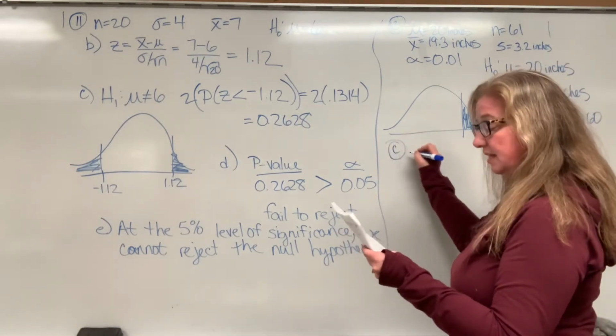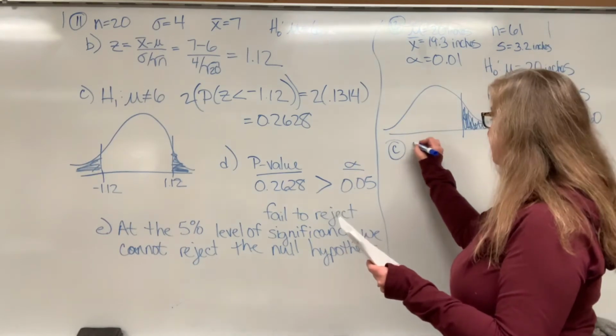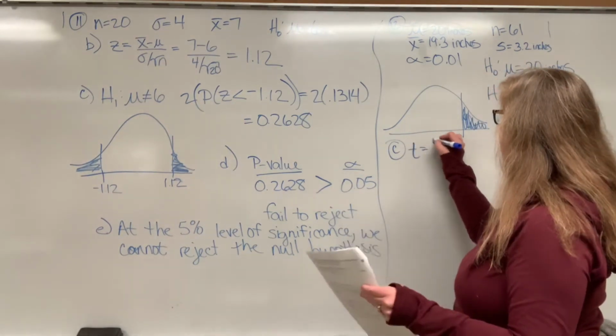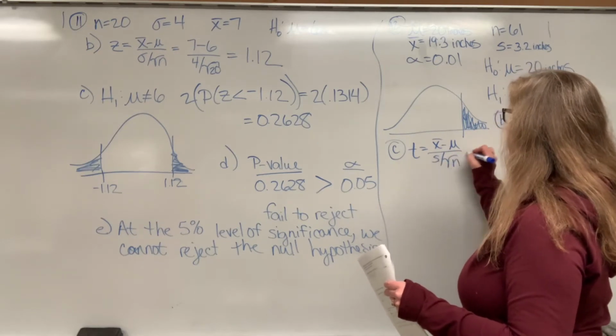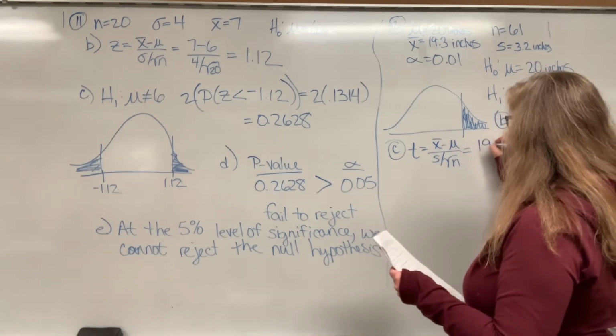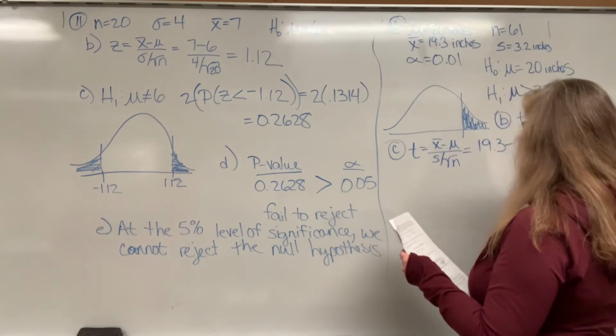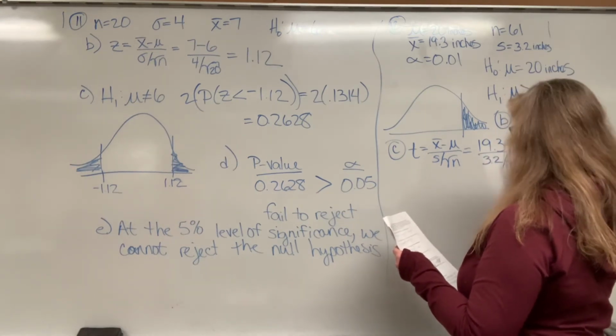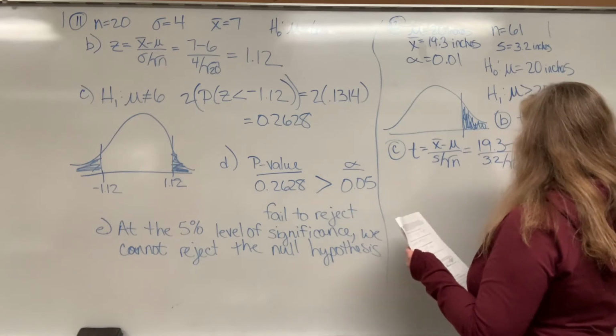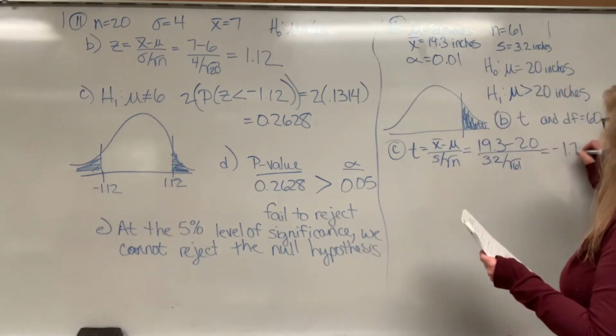Part C is calculate the test statistic, so t equals x bar minus mu over s divided by the square root of n. So 19.3 minus 20 over 3.2 divided by the square root of 61 equals negative 1.708.